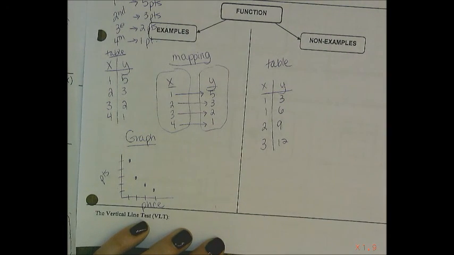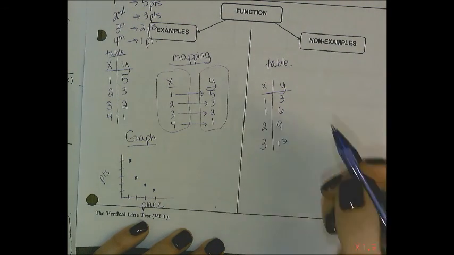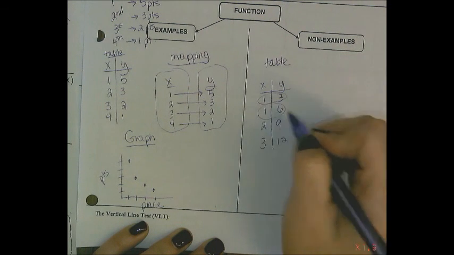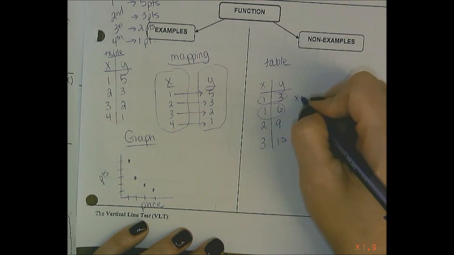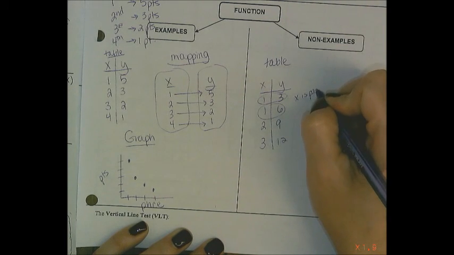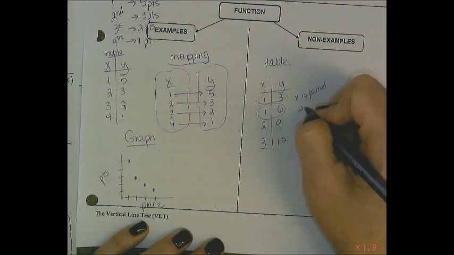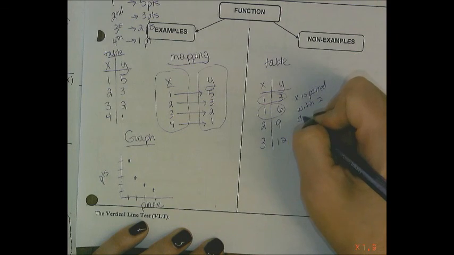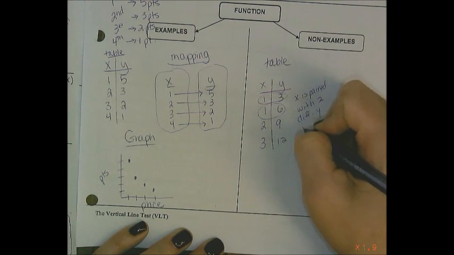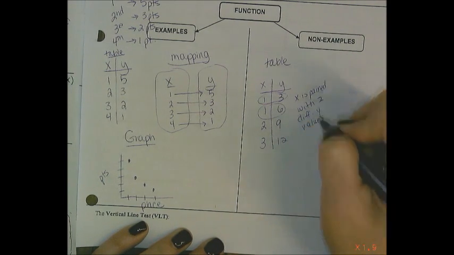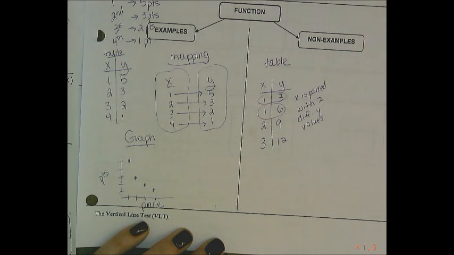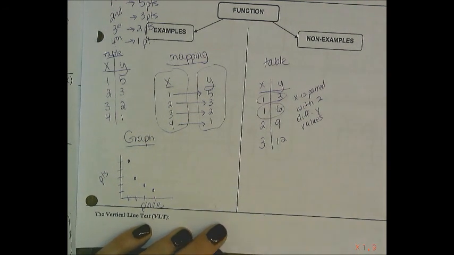Okay? What you notice here is that first place got paired with 2 different y values. So that's not a function. Okay? First place can't get 3 points and 6 points. It doesn't make sense.